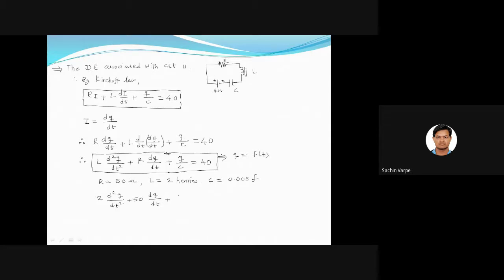Plus q by C, where C is 0.005, is equal to 40, right?